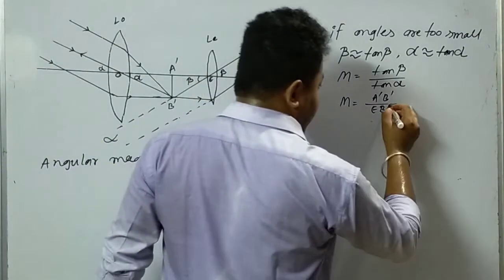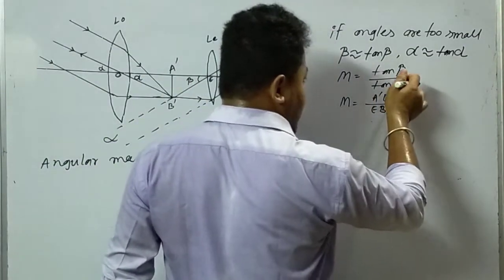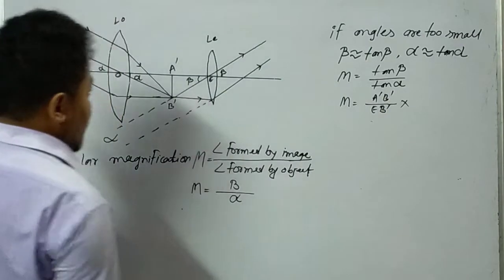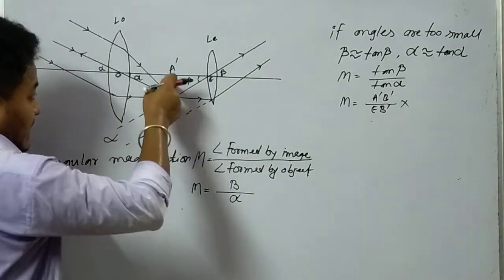Now tan alpha, I am writing in one line. If I multiply, the tan alpha ratio will be reversed. What will be tan alpha exactly?